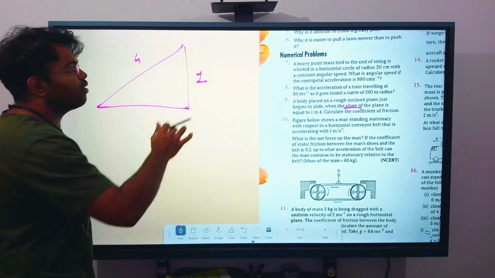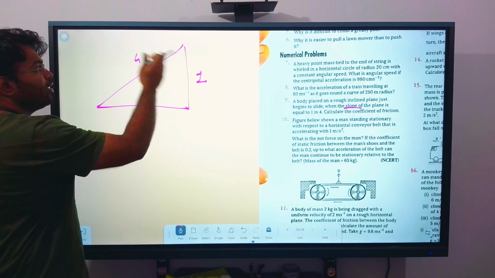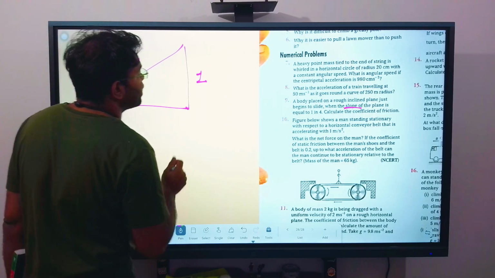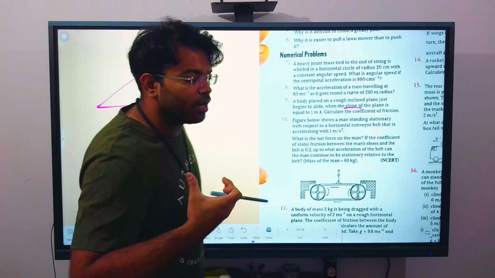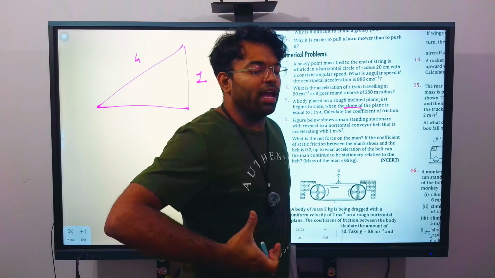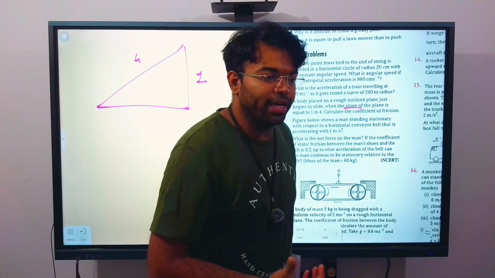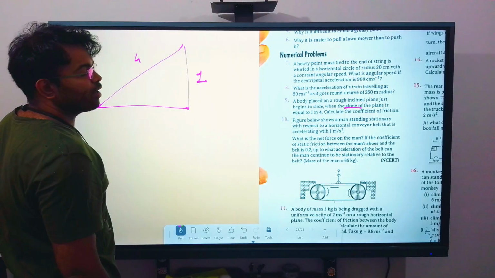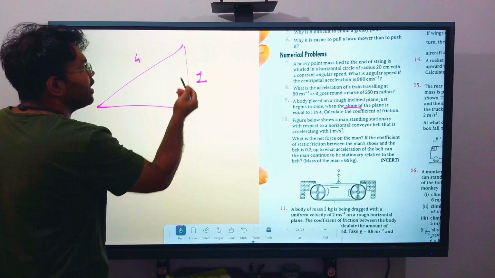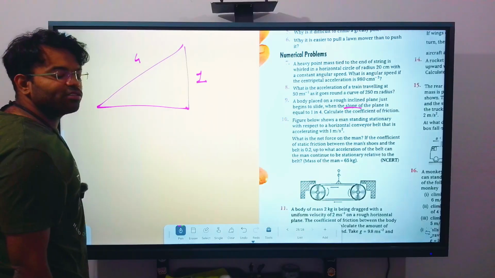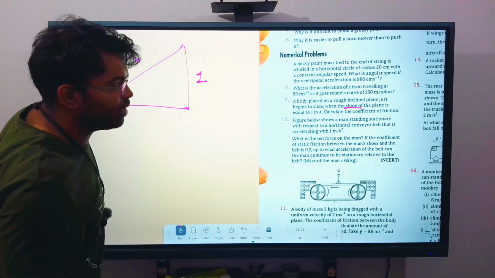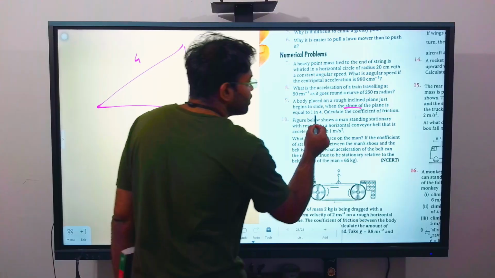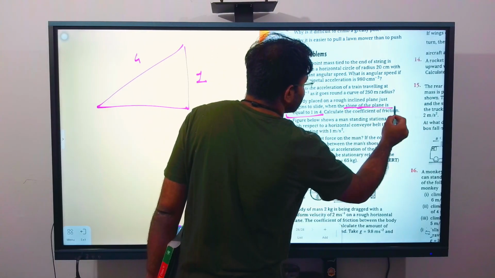It's not 1 upon 4, it is 1 in 4. So basically, for every 1 meter in height, you will have a slope of 4 meters. For every 1x in height, you will have 4x as your slope. That's what 1 in 4 means. You understood this wording? 1 in 4?